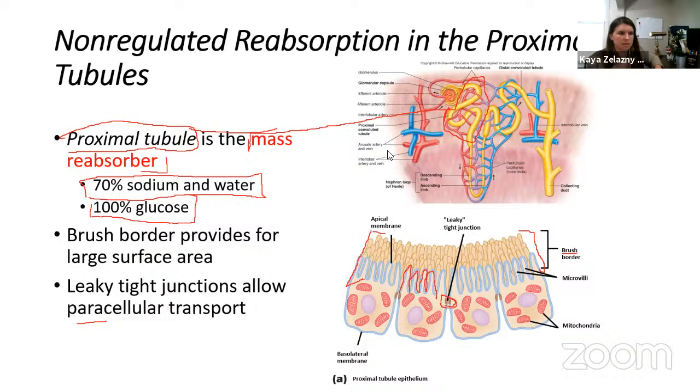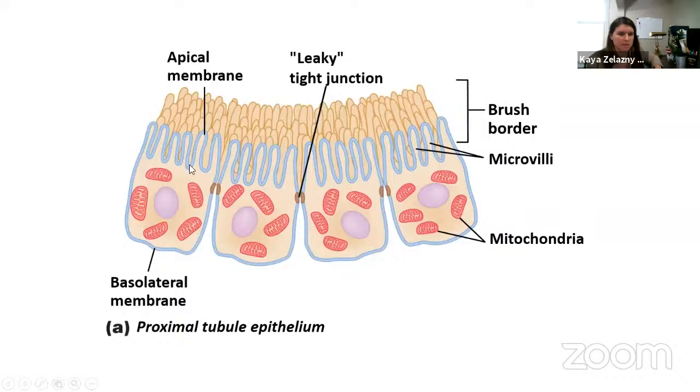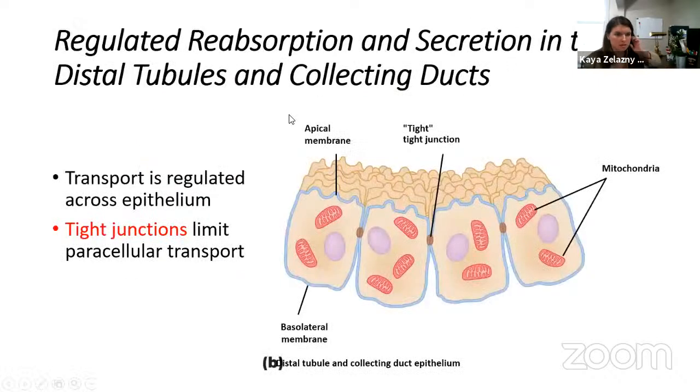So this is a little different than what we see in the distal tubule. This is just a zoomed in picture of that picture from the previous slide. So in the distal tubule and in the collecting ducts, we'll see a couple differences. All right, so one thing, right, we don't have a brush border here, right? We don't see all those microvilli forming that sort of bristly look.